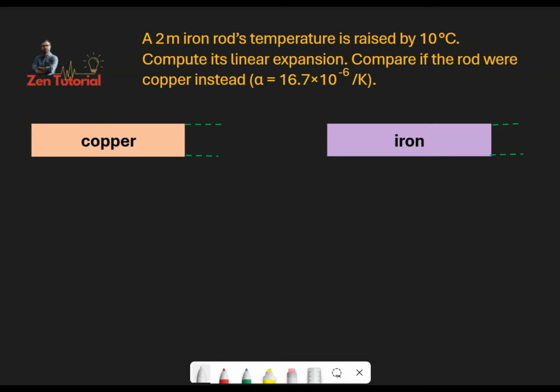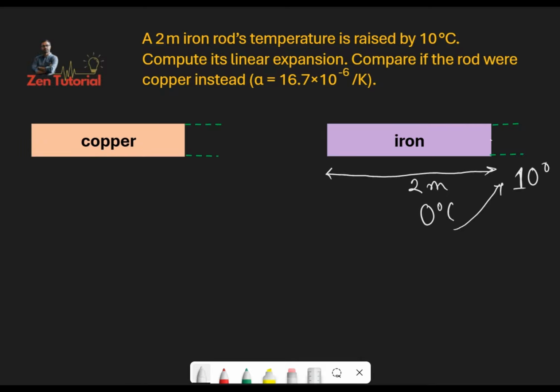In this problem, there is a 2-meter iron rod. So the length of the iron rod is 2 meter initially, and the temperature is 0 degree Celsius. Now, the temperature rises up to 10 degrees Celsius. The green dotted line represents the expansion.